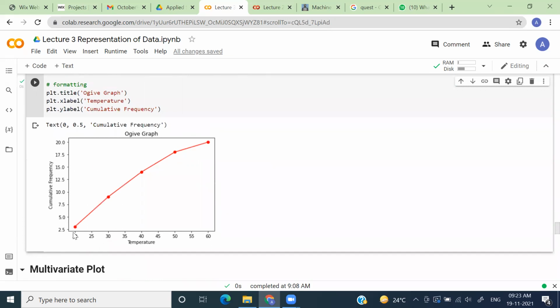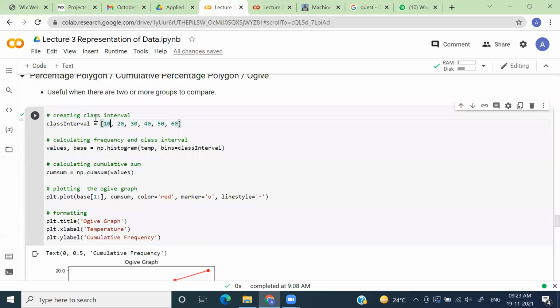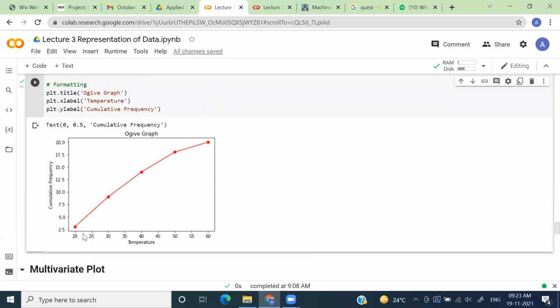This is how the ogive looks. On the x-axis I have the class interval, 20 to 30, 30 to 40, 40 to 50, 50 to 60, which was mentioned in the data. The next thing is the count of items in that particular interval. Here the count between 0 and 20 is 3, so you see a dot here.